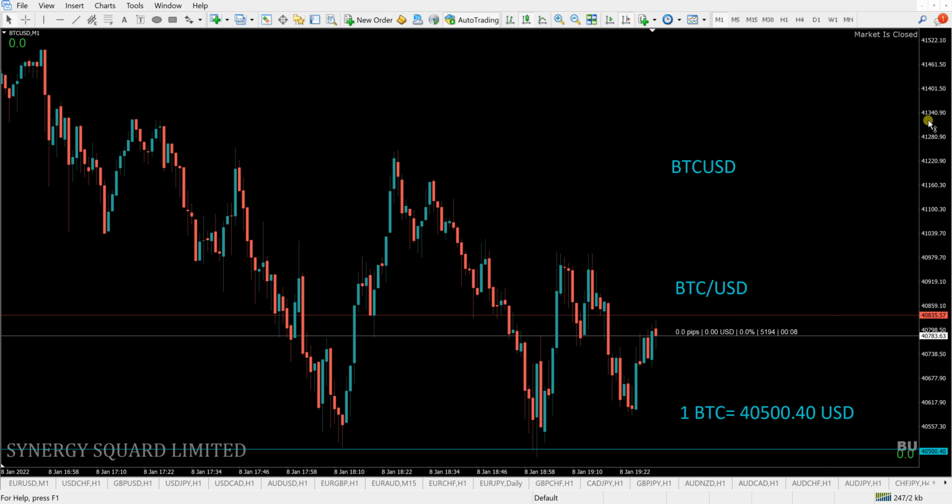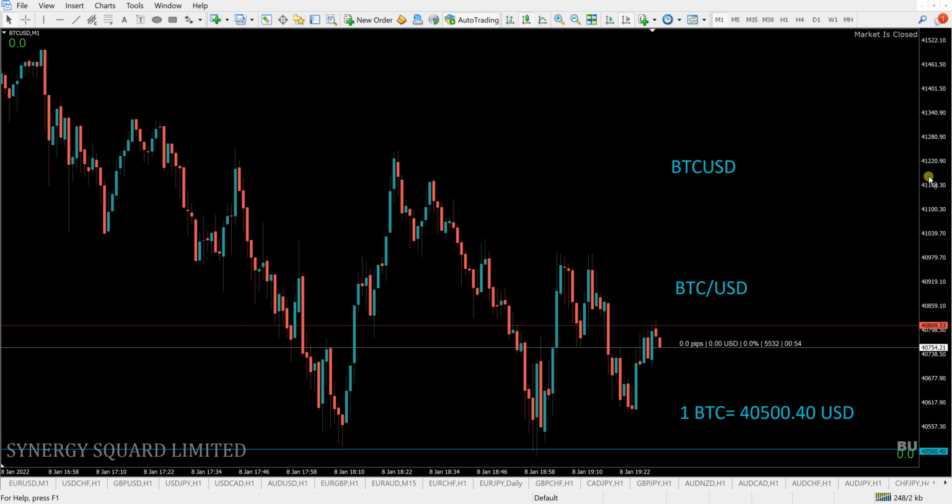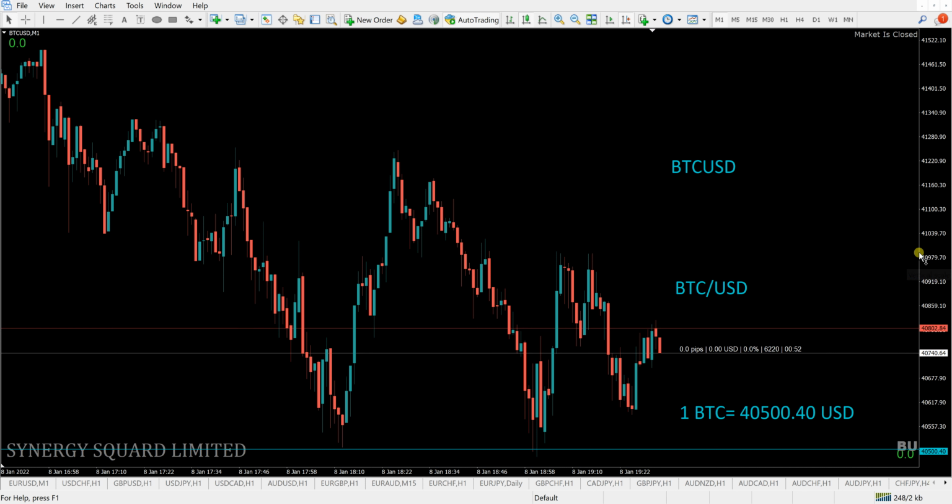That is what you see on the price chart here. This is what is needed at each price level to get 1 unit of BTC. How many dollars are needed to get it, that is what is represented on the price levels here.